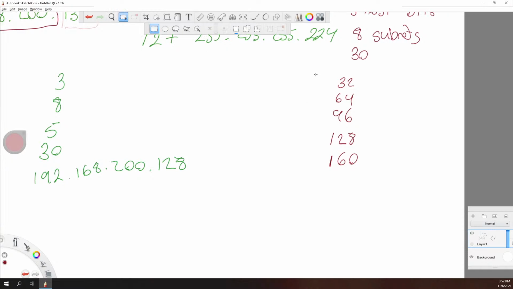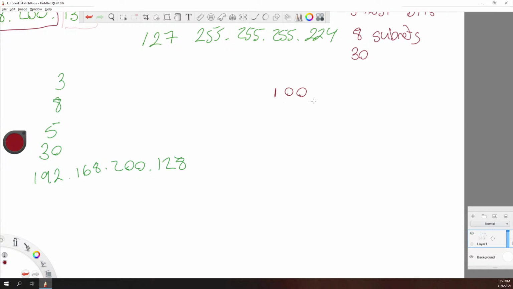But the other approach that we can look at is we can do that same sort of math process. So if we know that we are borrowing that one bit and that's the only part that changes, so if we write out the network portion, the network portion is the 100. And let me change my color, and we're going to do the host portion.